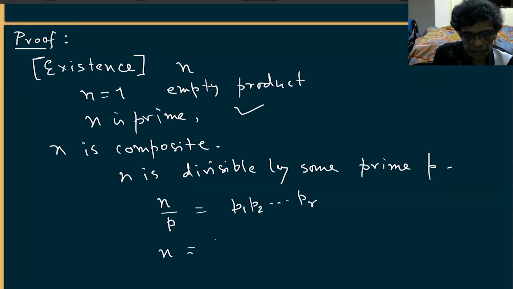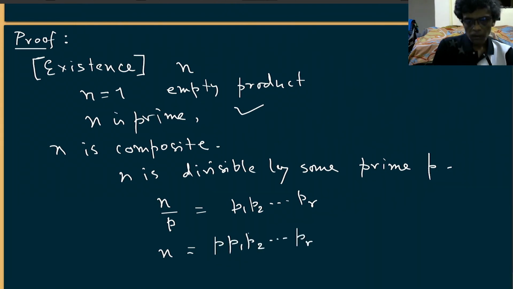Then, n is nothing but a product of primes p, p1, p2, ..., pr. Okay, so here I never made an assumption that these primes are distinct from one another. In any case, this inductive proof says that any positive integer can be written as a product of primes.